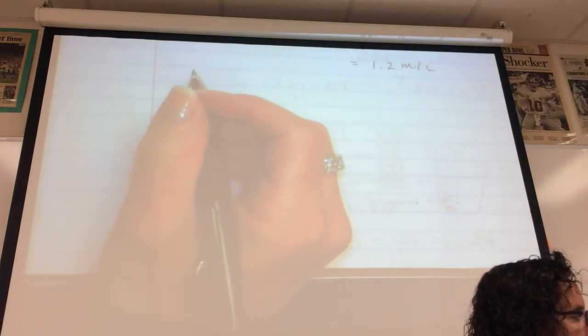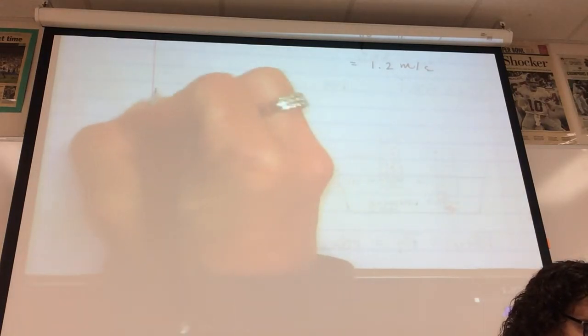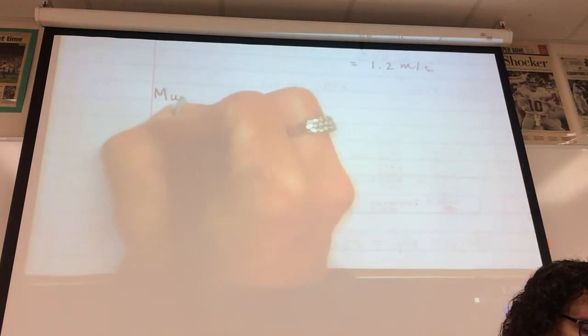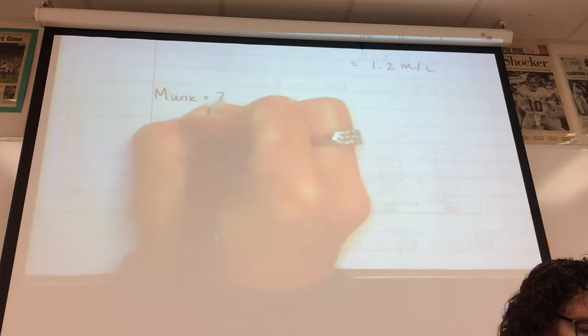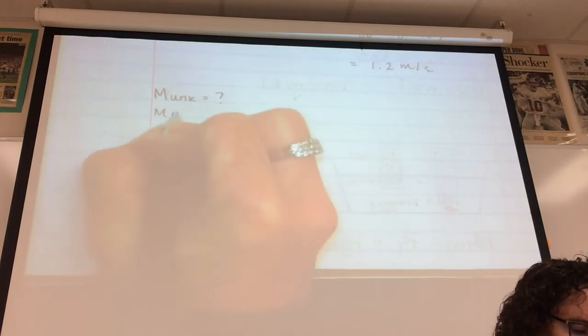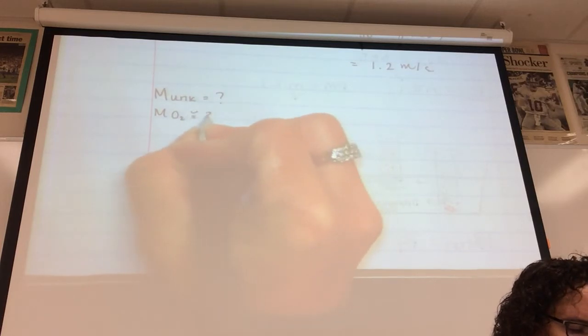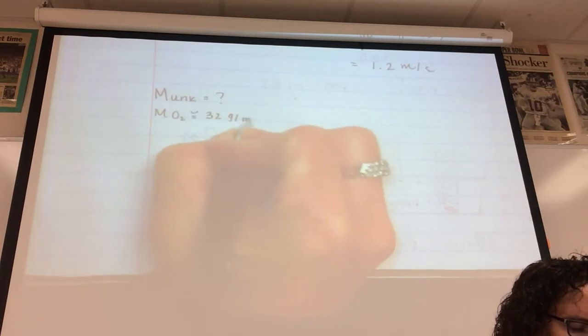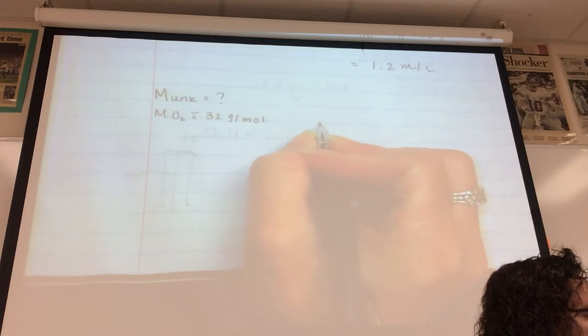If, for example, you want to know the molar mass of some unknown gas, I'm writing UNK for unknown. The molar mass of oxygen gas is about 32 grams per mole. Oxygen is, of course, diatomic.